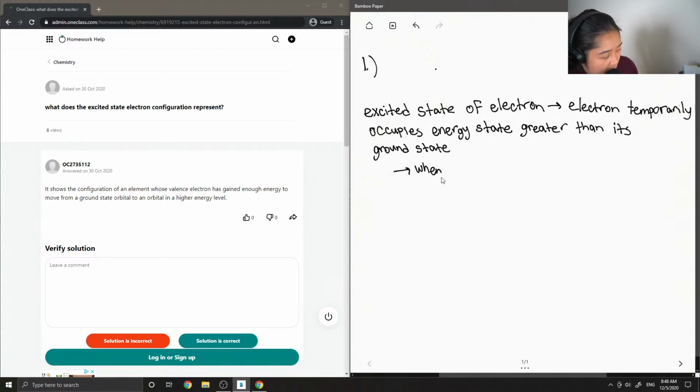So it occurs when it either absorbs a photon or when it collides with a nearby atom or particle.